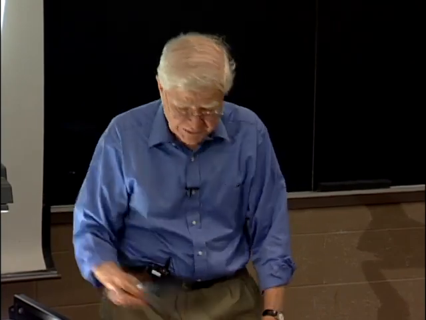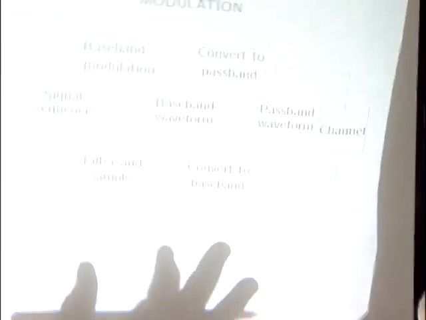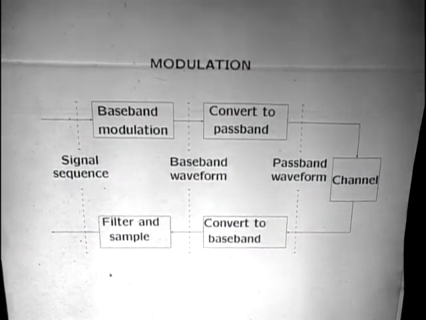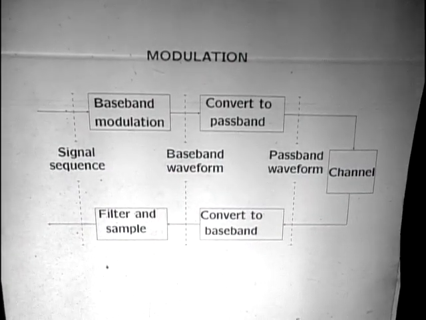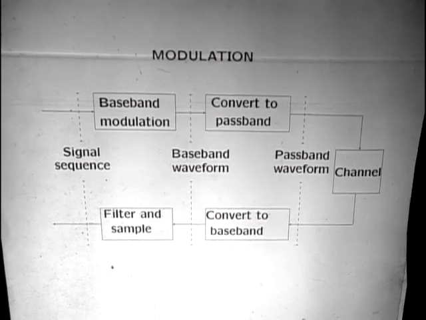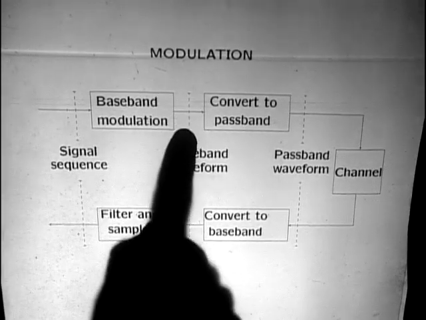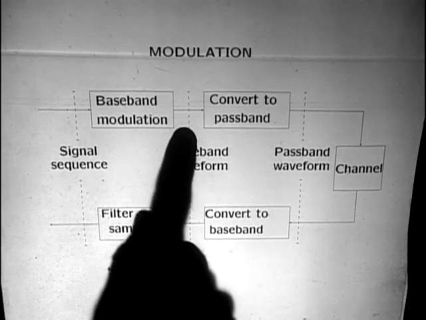Okay. Let's go on to the rest of modulation. We've been talking about baseband modulation. And when we're thinking about PAM, pulse amplitude modulation, we are thinking in terms of the sequence of symbols coming in, the symbols being turned into signals, the signals being turned into waveforms, and what comes out here then is some baseband waveform.